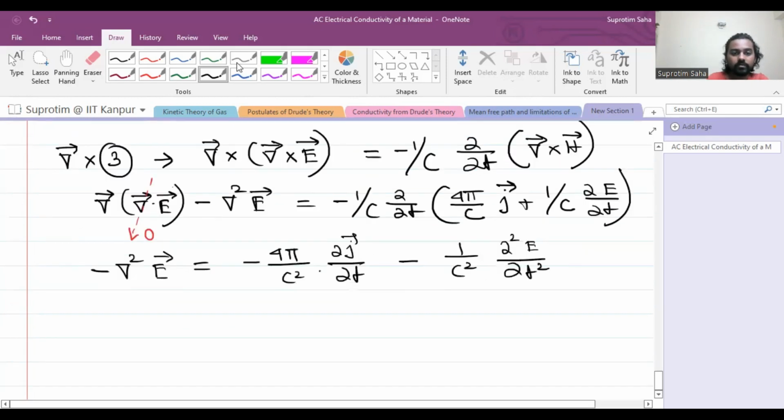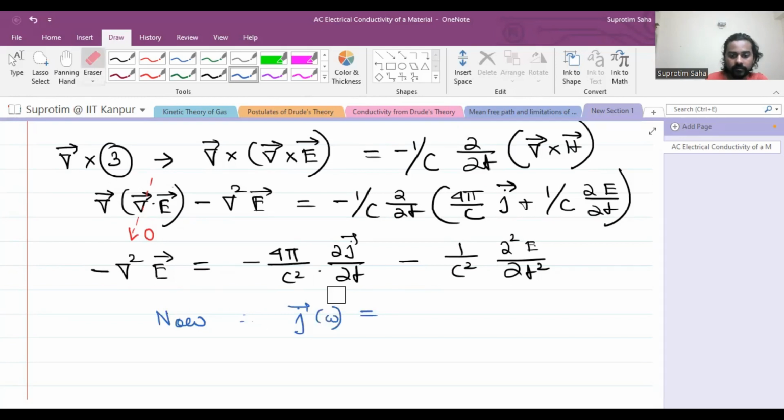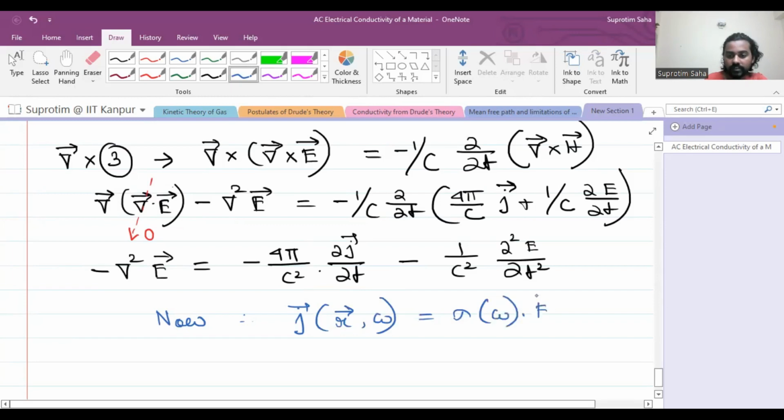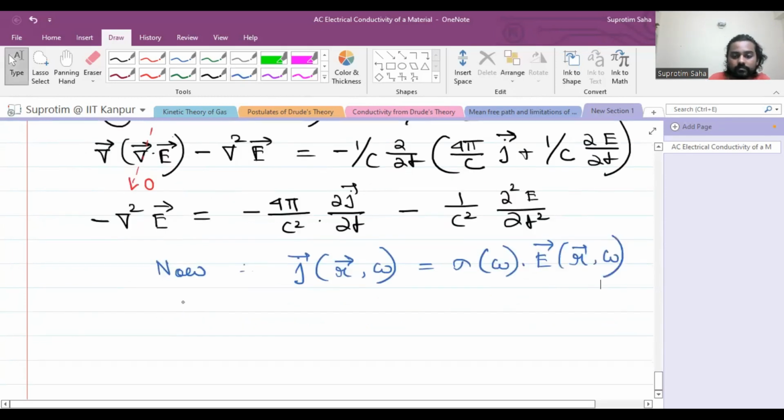Now, since J vector omega equals sigma omega times E vector, fine. Let's put it in here.